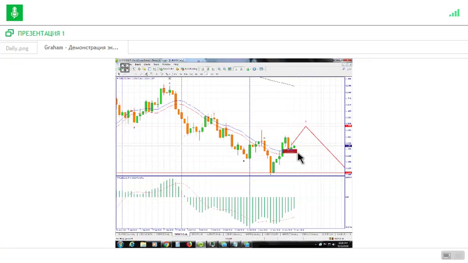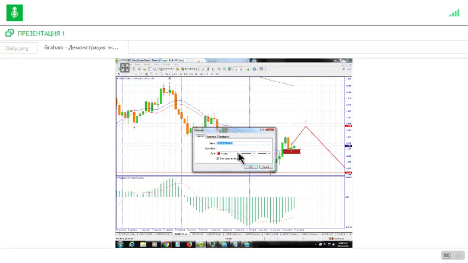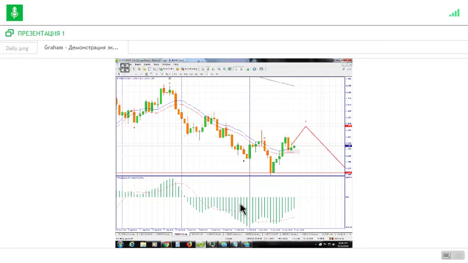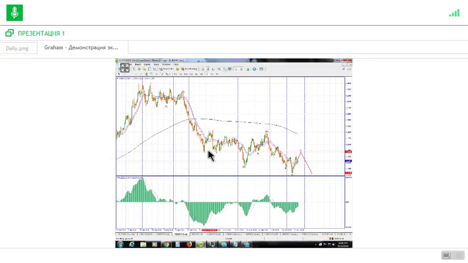So we expect this one to be a dynamic support here. This one here should be a good support, which should drive price up, but it will not go beyond this resistance line. So if you minimize this chart, you'll be able to see widely.